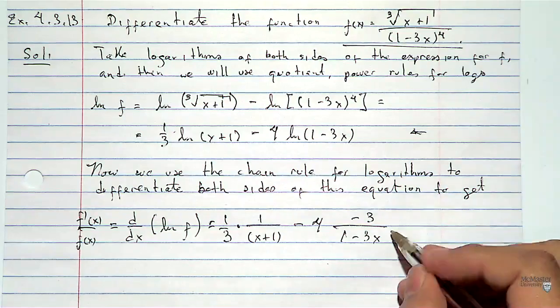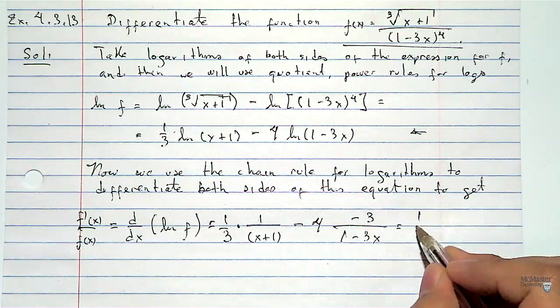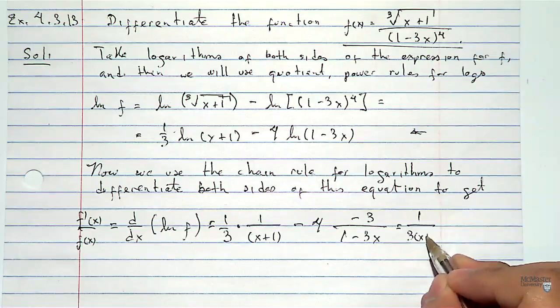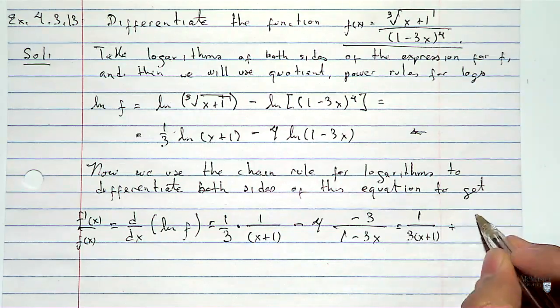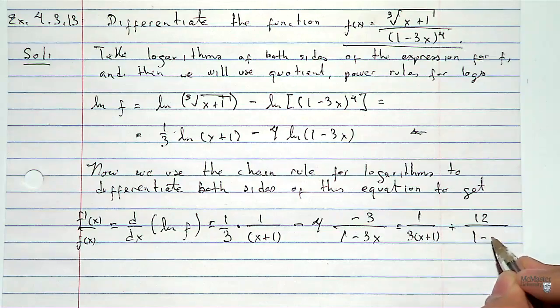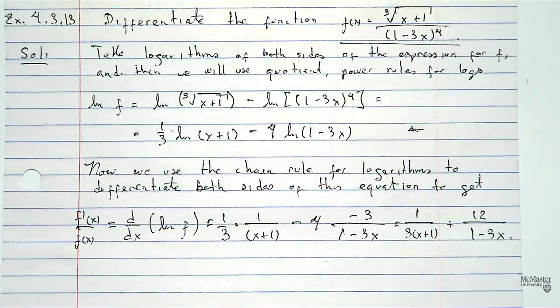And if I simplify this, I have 1 over 3 times (x plus 1) plus 12 divided by 1 minus 3x, right? So you start to see why we did this. If I took directly the derivative of f, I would have a quotient, which is a little bit involved. Here I have two summands, which I actually simplified with the properties of the logs.